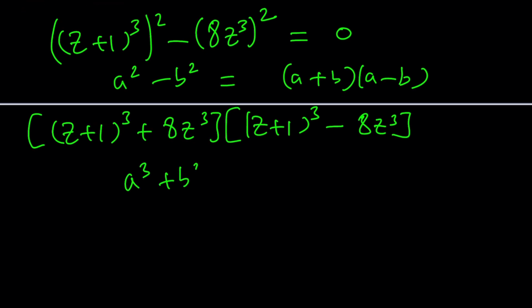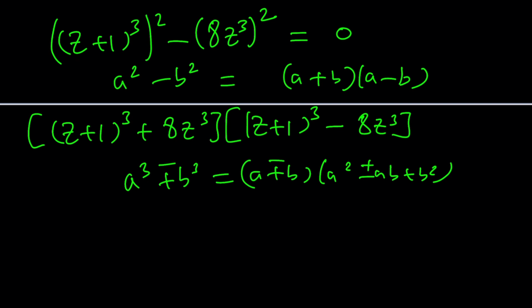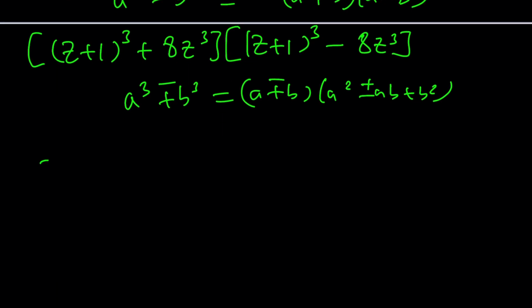a^3 + b^3 is equal to (a + b) times (a^2 - ab + b^2). And if you get a minus sign here, this will be a minus sign and that'll be a plus sign. You get the idea? So now we can go ahead and write this as (z + 1) + 2z, because this is (2z)^3.